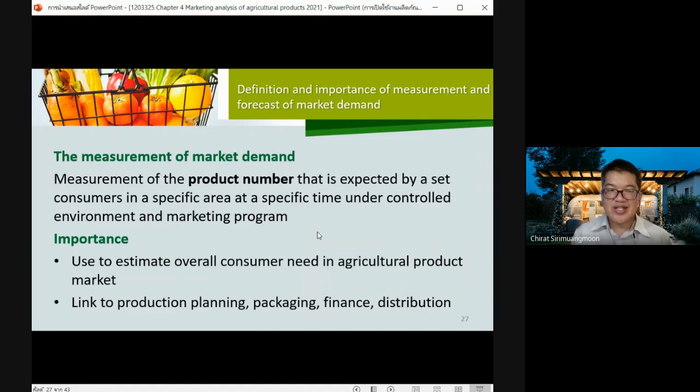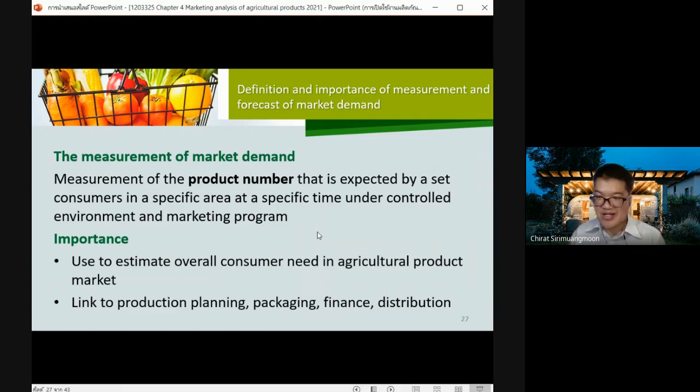Okay, so why is this important? Because we use this information to estimate the overall consumer needs. If I know the result from the previous year, I can use it for this year and next year. It links to production planning, packaging, finance, and distribution. If organic product is popular, you can see the trend, like last year, the last 2 years, and this year, then you can link to production planning.